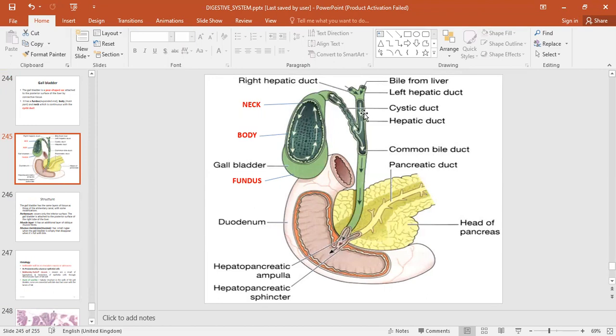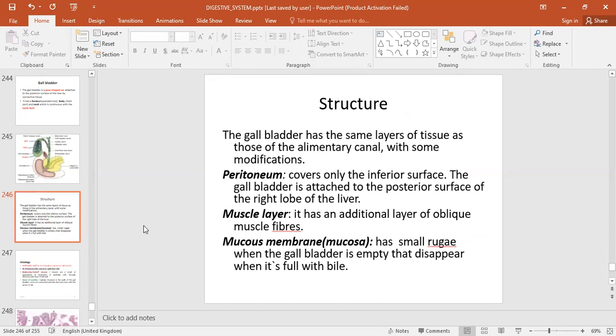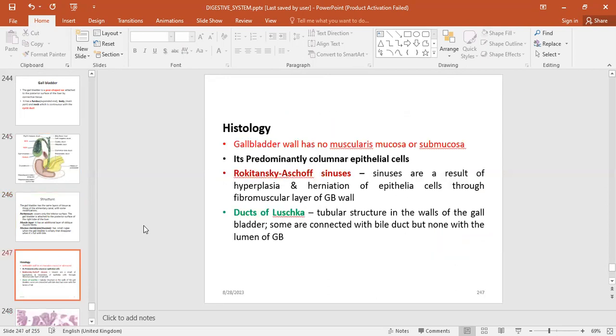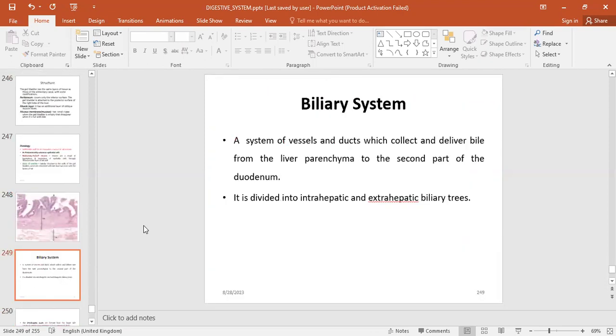Here we have the hepatic duct from the liver. Then they meet in the common bile duct. The common bile duct will meet with the pancreatic duct here at the hepatopancreatic ampulla of Vater, then finally enter the small intestine. So the whole lot here is the biliary system, which is a subdivision or a subsystem of the digestive system.